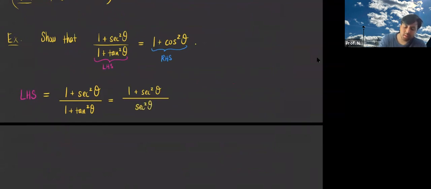Do you see that? The denominator becomes secant squared theta. But again, I'm trying to find a way to simplify this to get to the right-hand side. Now, the only thing I can do from here is to separate 1 over secant squared theta plus secant squared theta over secant squared theta. And then what is secant squared theta divided by secant squared theta? What does that reduce to?